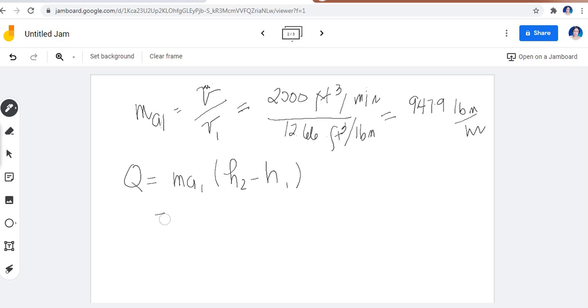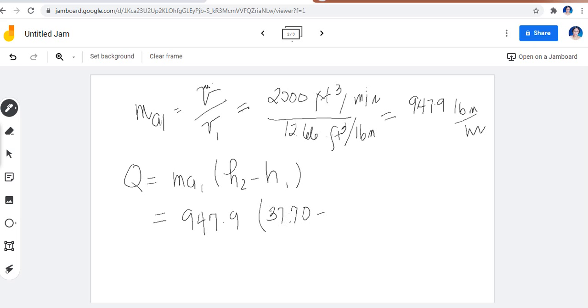And if we place in here the value that we have computed on top, we multiply it with the enthalpy, which is 37.7, the one that we got from the psychrometric chart.